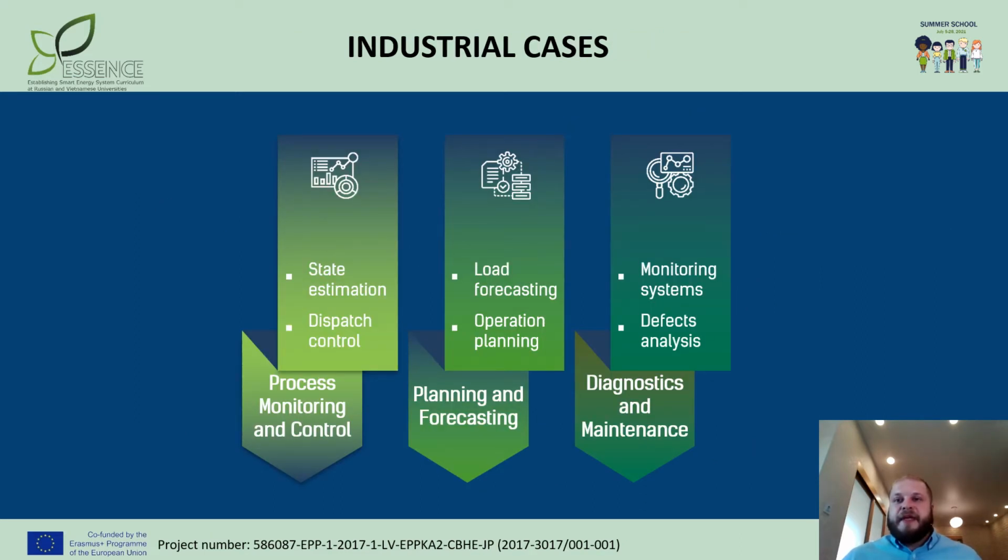As examples of industry problems solved by intelligence systems, it is worth noting the automated dispatch control of power systems, including the problem of power system state estimation, based on incomplete measurement data acquired from various monitoring and electric energy accounting systems installed throughout the territory of the power system.